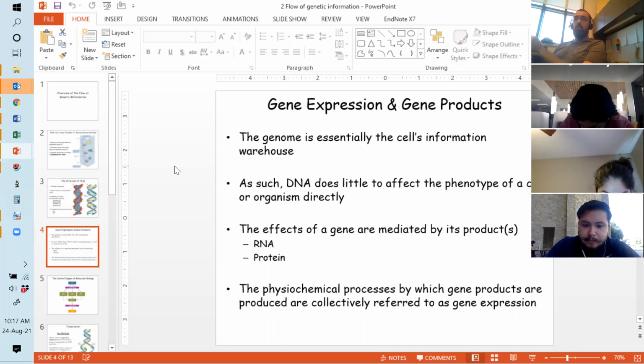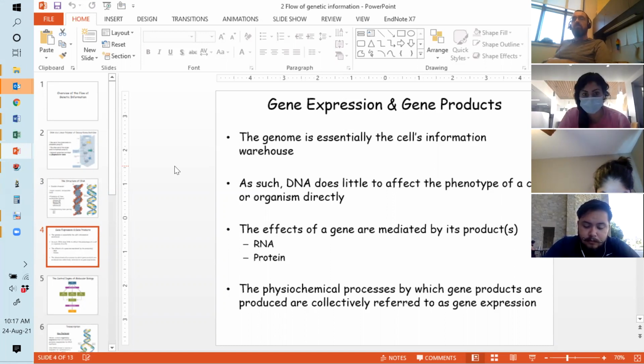A cookbook cannot bake a cake. It'd be kind of cool if it could, but it can't. You have to use the information within to create the thing that you want. And that's really what DNA is all about. So even though it contains the information needed for a particular phenotype, it doesn't create that phenotype itself.